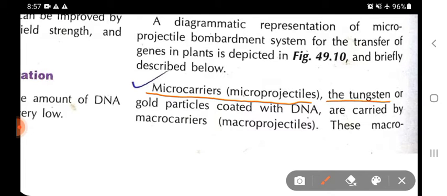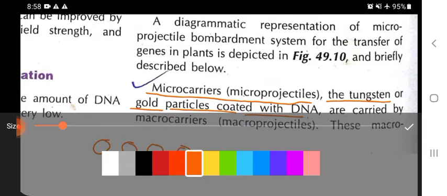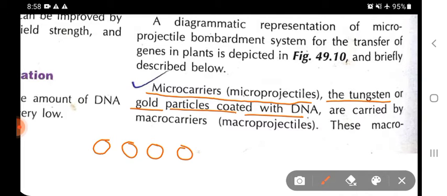Microcarriers are small beads made up of gold or tungsten particles, and these microcarriers are coated with your DNA. So DNA is coated on these microcarriers.